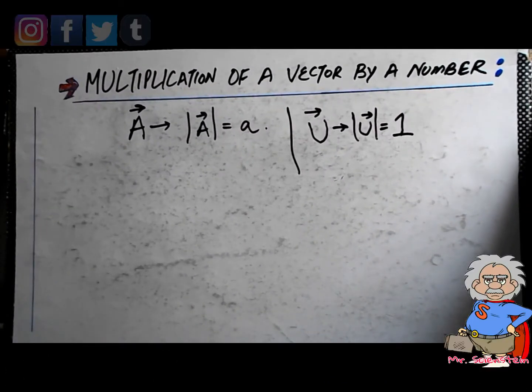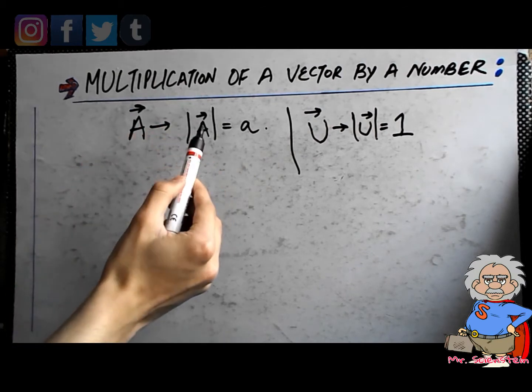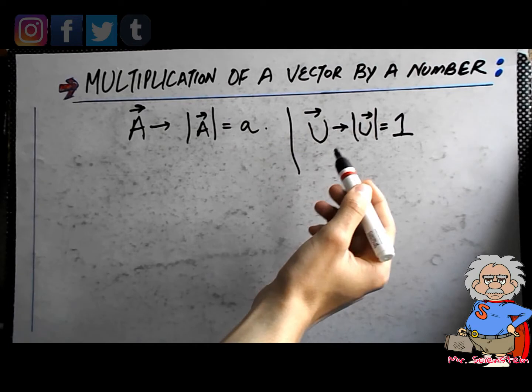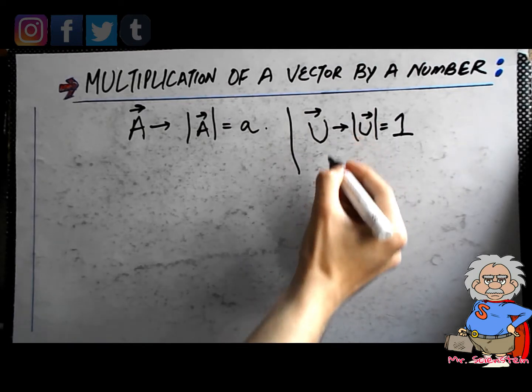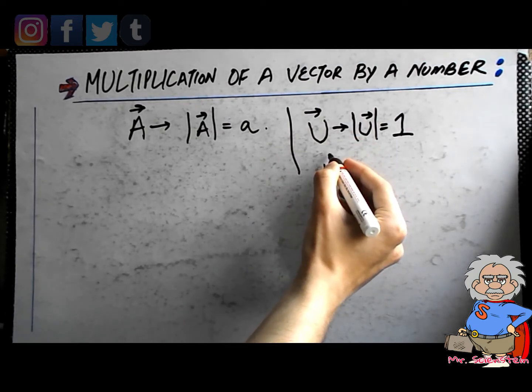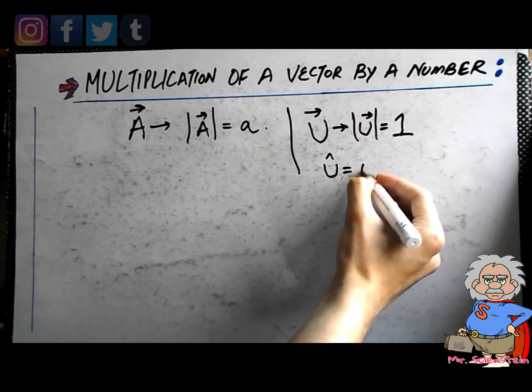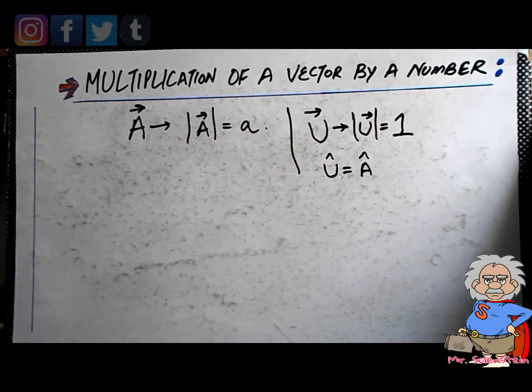Now if we have our a vector whose magnitude is equal to small a, and we have one more vector, u vector, which is actually a unit vector of magnitude 1, and the direction of u vector is u cap, which is the same as the direction of a, that means a cap, right?